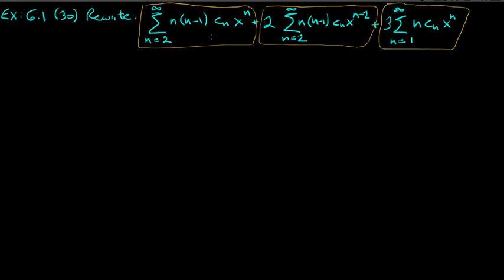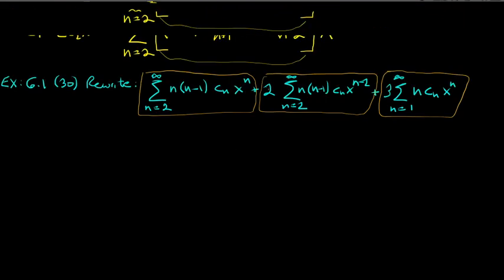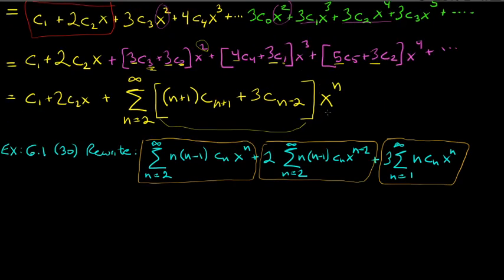Notice the first 2 begin at n equals 2, and the third one begins at n equals 1. So how are we going to combine these into a single series? Again, the goal, if you remember, is to group everything with the same power of x. Notice that here, this is all x to the n. It's the same power of x.